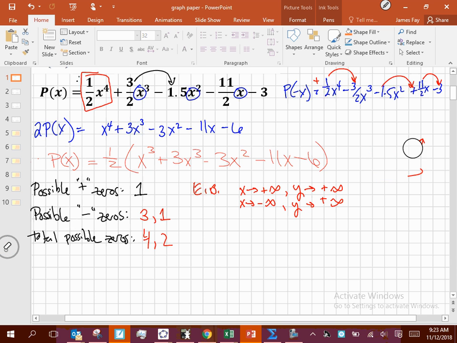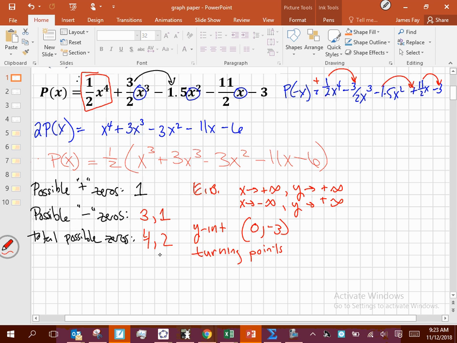What is our y-intercept? Okay. As an ordered pair, it'd be (0, -3). You find that by evaluating P of x at 0; the only thing you'd be left with would be -3. How many turning points could you have?